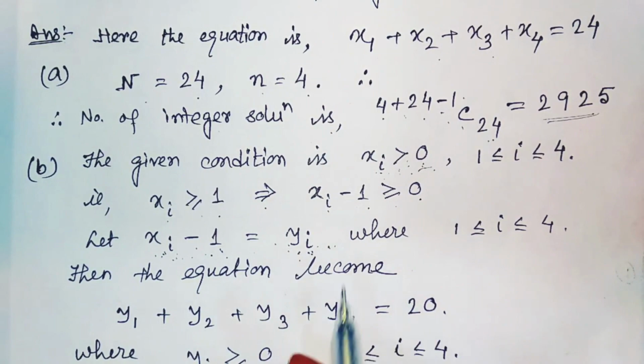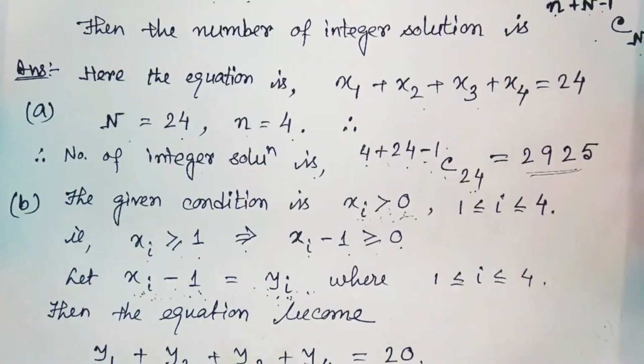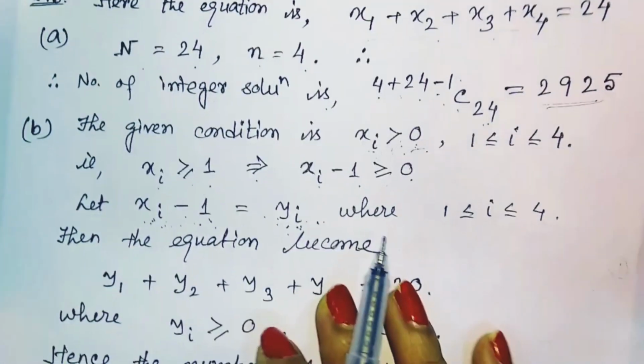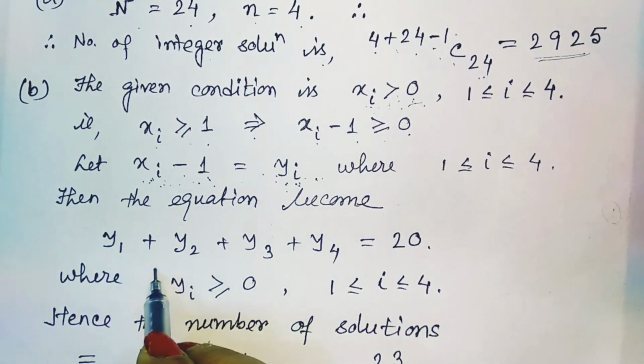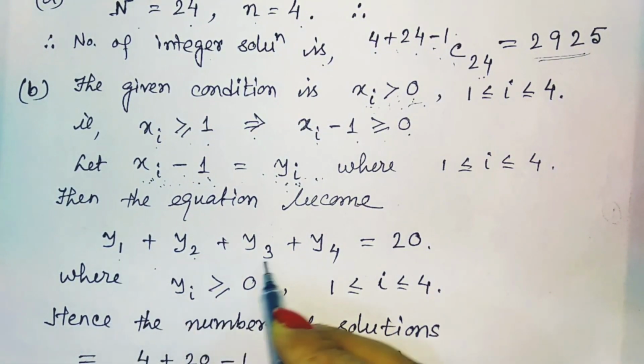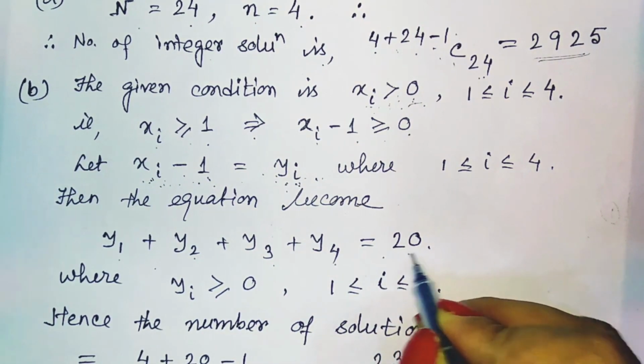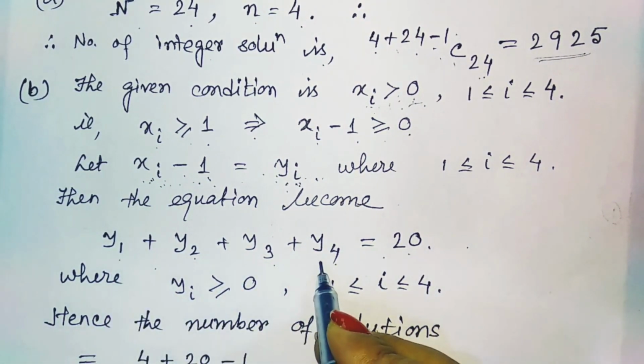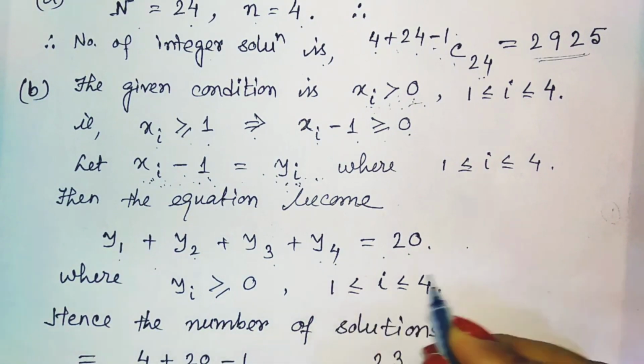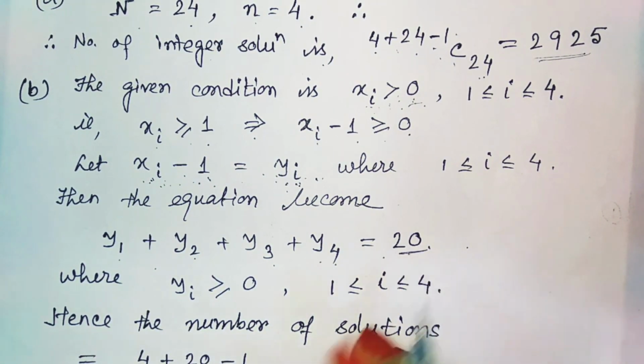Now if we substitute x1, x2, x3, x4 in the given equation, we find the reduced equation y1 plus y2 plus y3 plus y4 is equal to 24 minus 4, because for each substitution we get 1. So according to this adjustment we get 20.